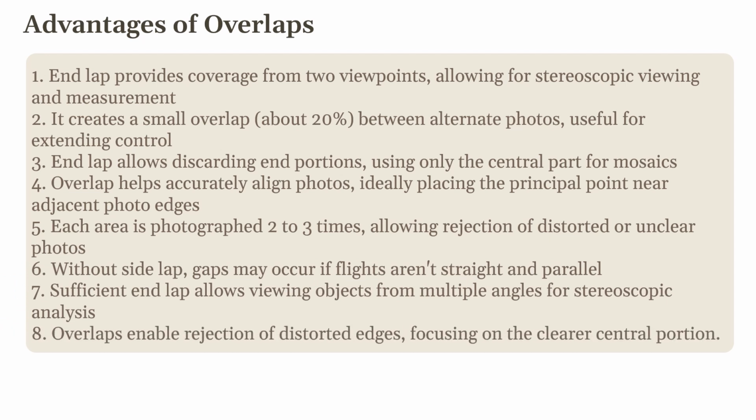Lastly, we can reject distorted edges. Overlaps let us reject distorted edge portions of the photograph caused by tilt and relief and use only the central portion for analysis. So, the next objective now is to determine the required number of photographs.